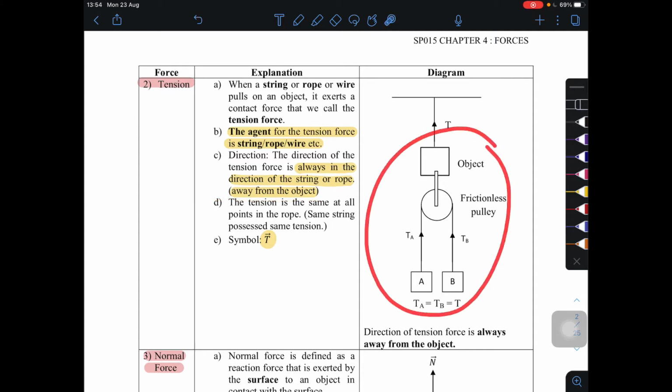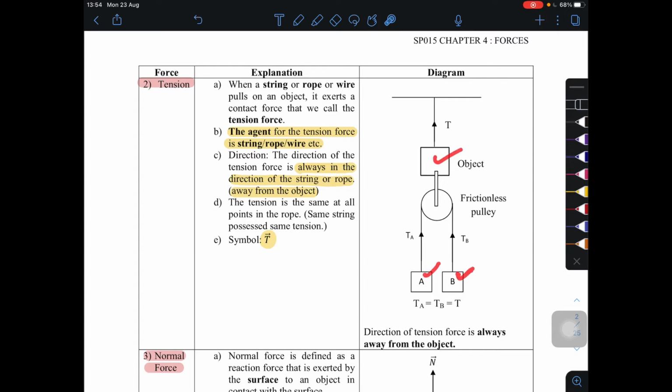Okay, so apa maksud away from the object here? Okay, as you can see in the diagram here, we have 3 objects. This one, and this one. So kita ada 3 objek dan setiap objek ni connected to a wire here. And all of them are connected together. Okay, so this first object is connected to a wire.